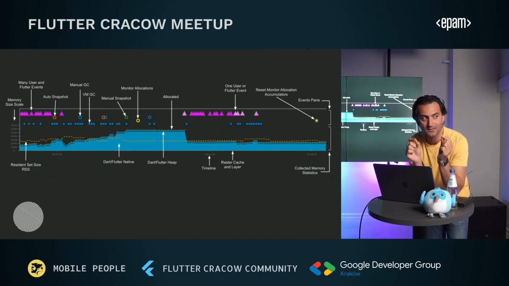Why this is this color, why that is that color, and so on. Learn it in depth, because it gives you a good indication of your application when it comes to memory leaks and when you need to optimize.